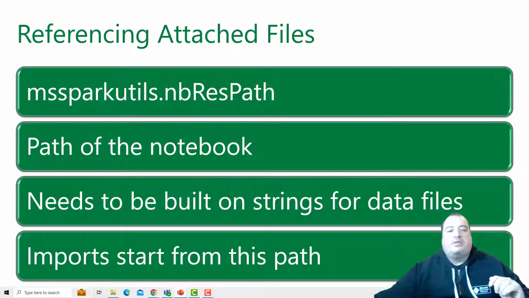But if I'm using a library, not a data file, if I'm attaching a code library to the notebook, I can use import. And the import already starts from the path of the notebook, so I don't need to do anything else. I just need to complete the path from that point.